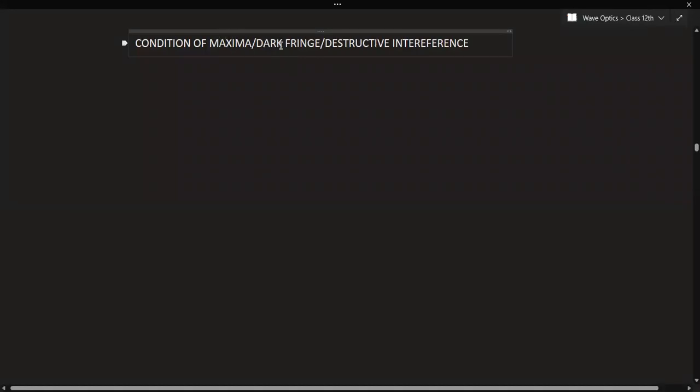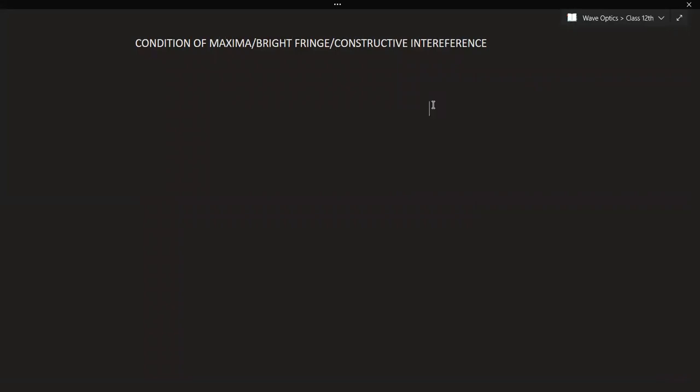Bright fringes can also come in your exam by the name maxima, though you have maxima minima usage more in your diffraction. So constructive interference, you can say, condition of maxima, or bright fringe.